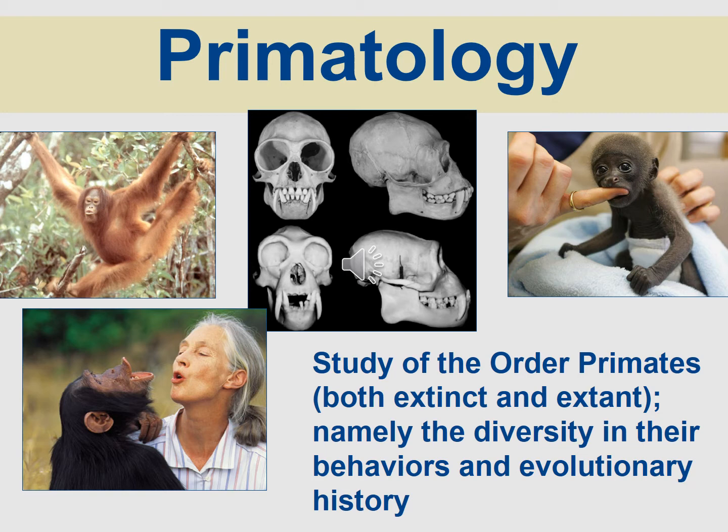And so primatology is quite an expansive field because you need to have a good understanding and basis for comparing all sorts of primates that live all over the world. Not only the suite and diversity of their behaviors, and that includes, in this part, we're going to focus on habitat, but many other types of behaviors, and that also includes the evolutionary history.